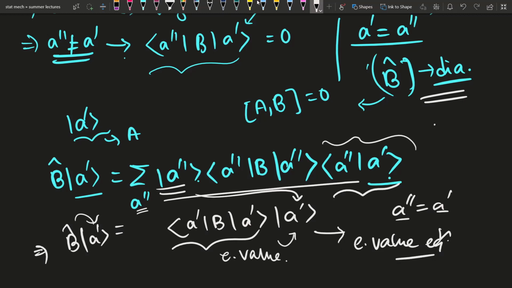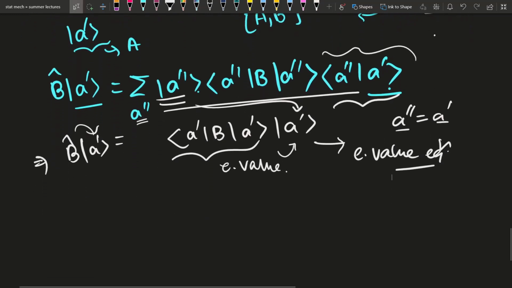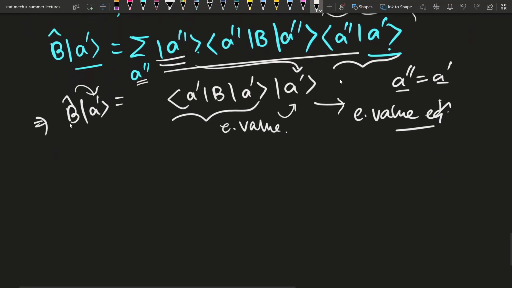So the operator B also follows the eigenvalue equation with the same set of eigenvectors, the eigenvectors of the A operator. So mathematically we denote the state of both A and B, because both A and B are simultaneously diagonalized with the same set of eigenbasis or eigenvectors.